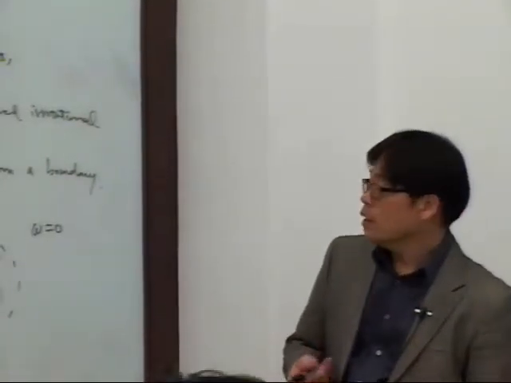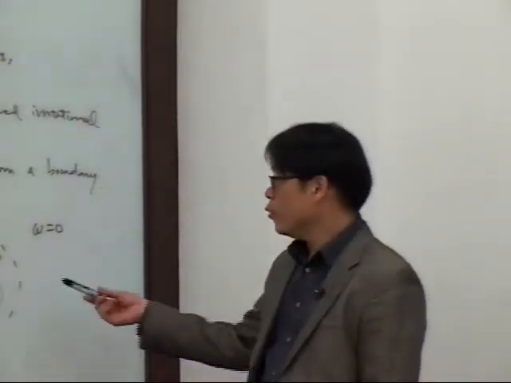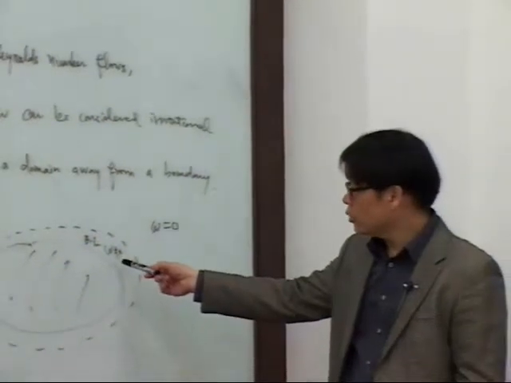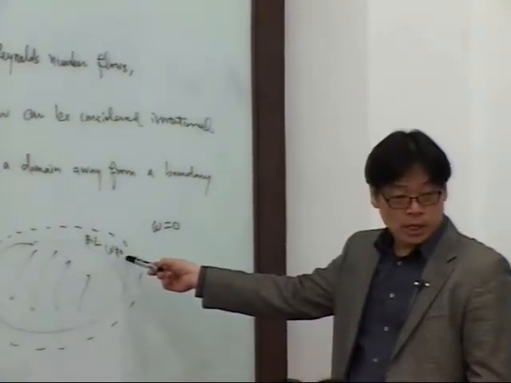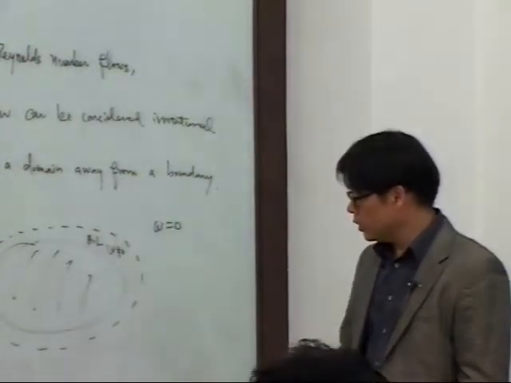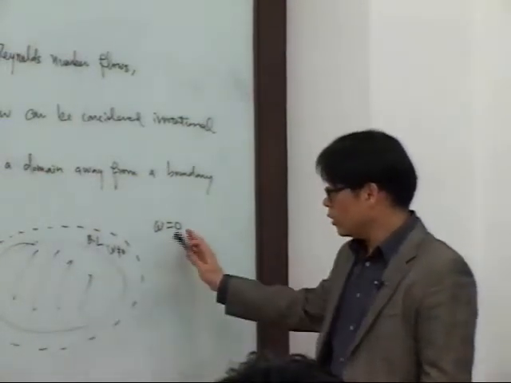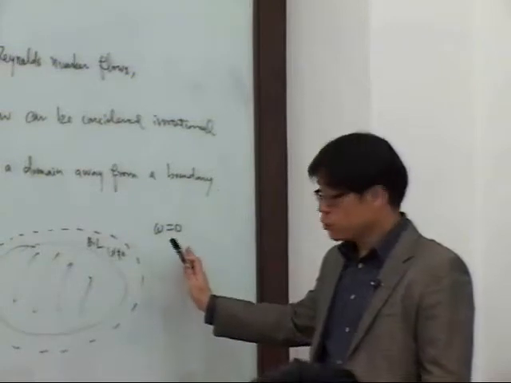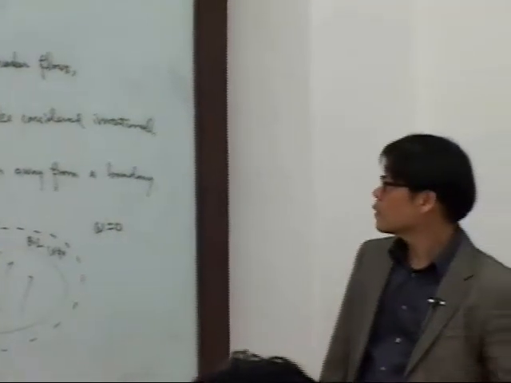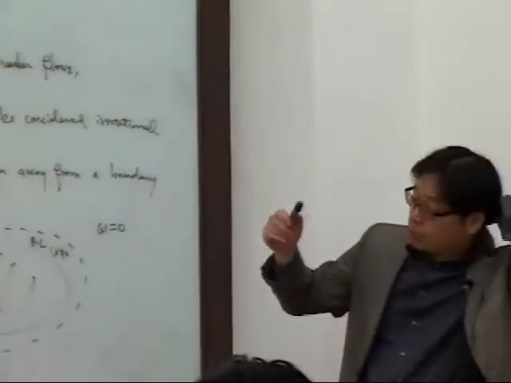So the point is, whenever we are interested in the viscous effect, then we have to include the boundary layer. But if for some reason you're not interested in the boundary layer near the boundary, then you neglect that, and then you assume flow is irrotational. Okay. That is only true for high Reynolds number flow.